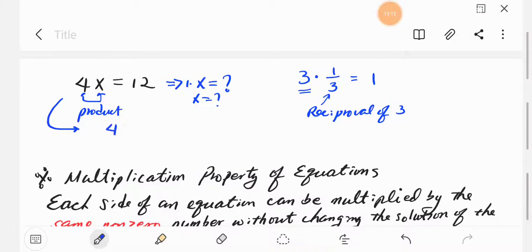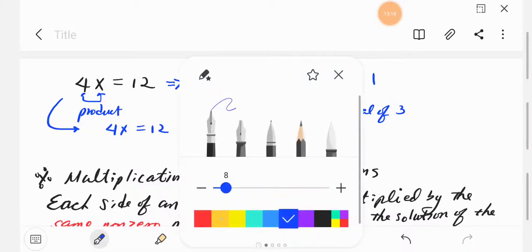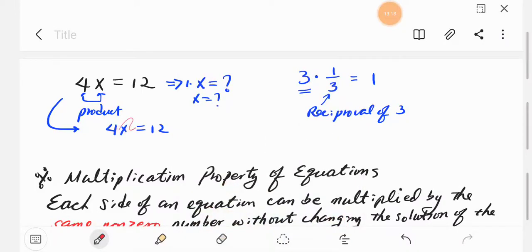Here is 4x is equal to 12. What is the reciprocal of 4? 4 and x are the product, these are the factors, 4 times x. So we can multiply each side by the reciprocal of 4. The reciprocal of 4 is 1 over 4, right?